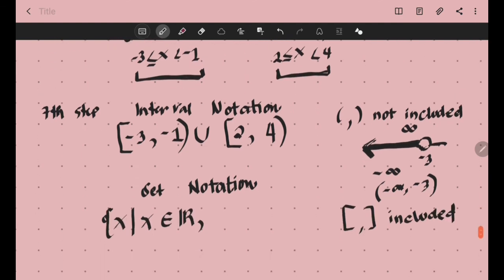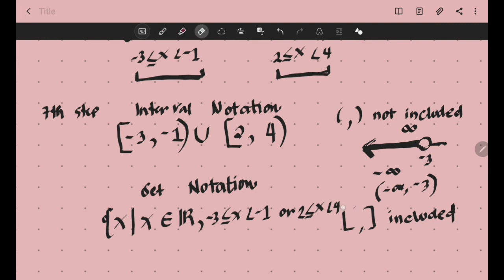Okay? So, again, the possible values of x such that x is an element of real numbers where x is between -3 and -1, or x is between +2 and +4.